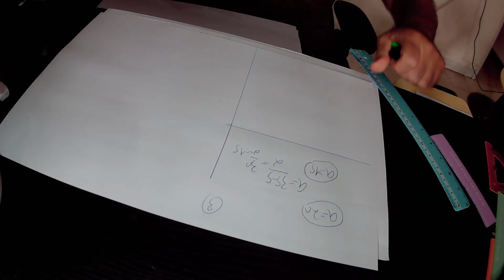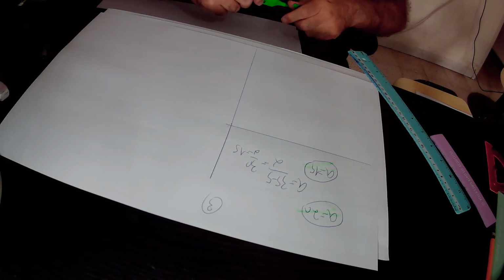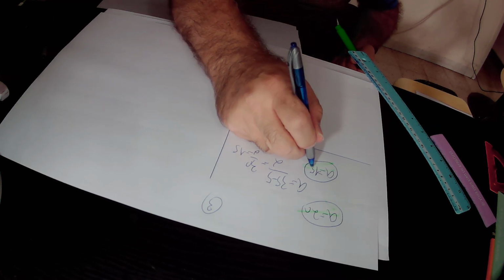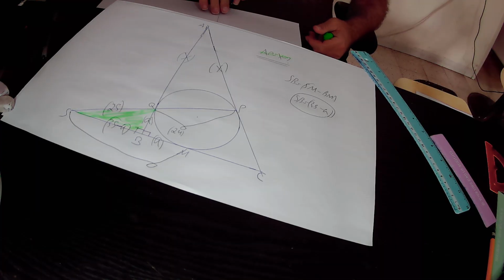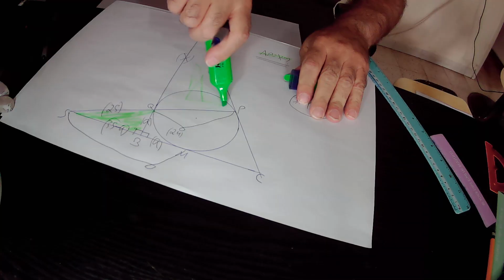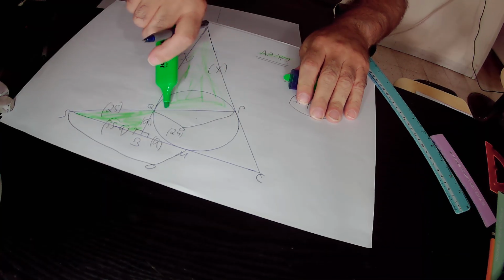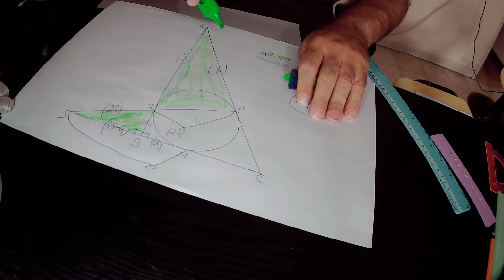Yeah, the next step, we'll do a construction. This is the green triangle AQP. The green triangle AQP is an isosceles triangle because side AQ equals side AP.